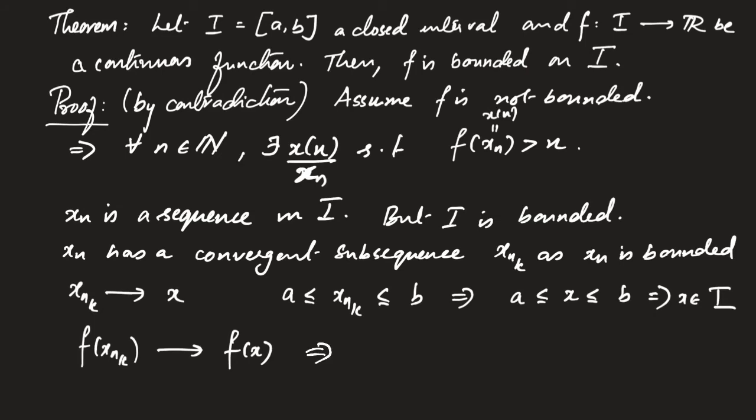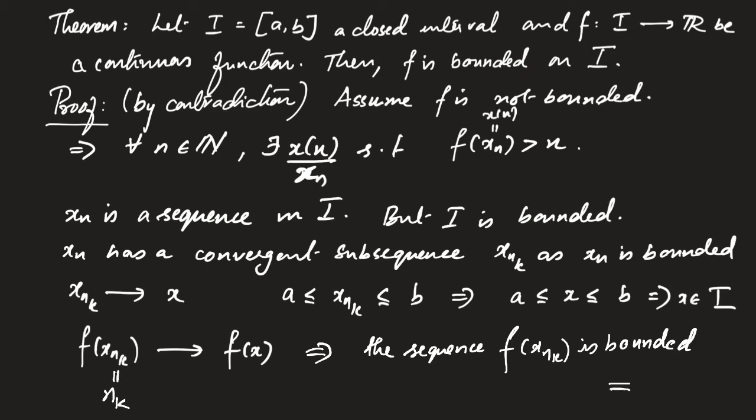This implies that the sequence f(x_{n_k}) is bounded. But notice that f(x_{n_k}) was nothing but n_k, which is not bounded. So this is actually a contradiction. Hence, the beginning assumption that f is not bounded has to be wrong, thus proving our theorem.